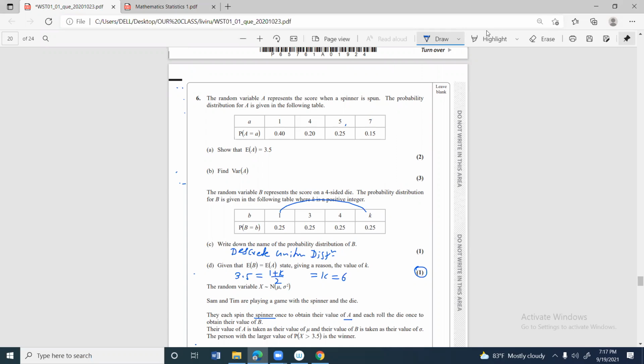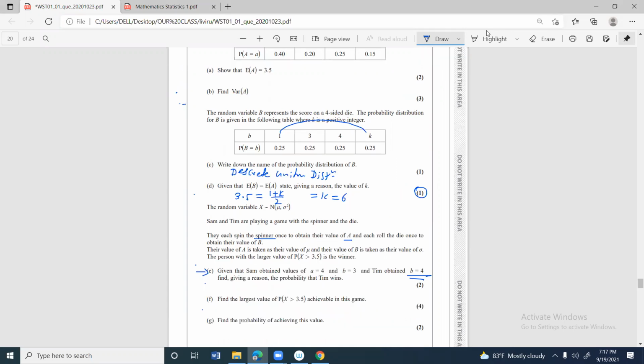So when you are working this out, what they consider is a question like this: the random variable X is normally distributed with mu and sigma. That is what Sam and Tim are doing, playing the game with a spinner and the dice. They each spin the spinner once to obtain the value for A, and roll the die once to obtain the value for B.